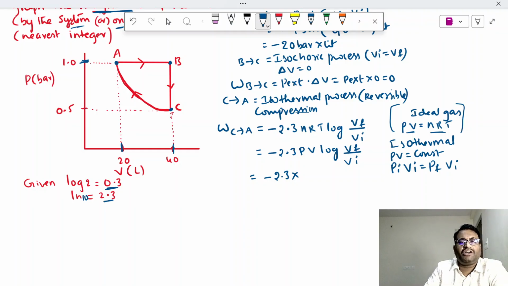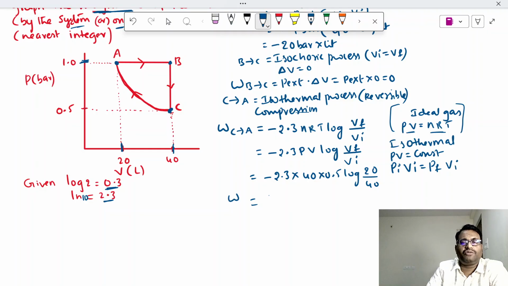So let us take, it has started from C, 40 into 0.5 log, final is 20, but initial is 40. This is compression, so final volume will be less, so 20 by 40. If you move 40 up to the numerator and 20 down to the denominator, then you will get plus instead of minus.